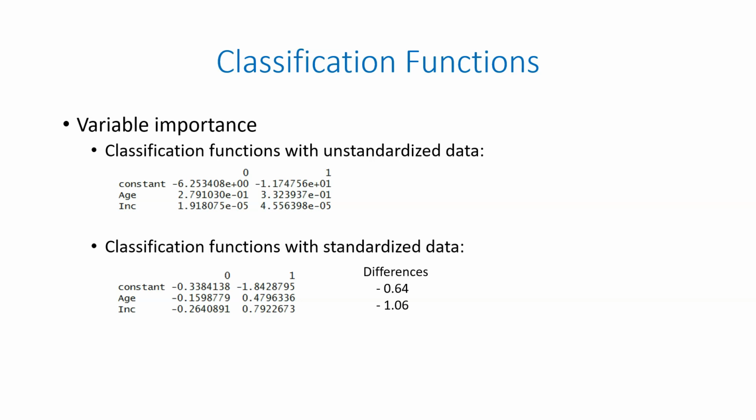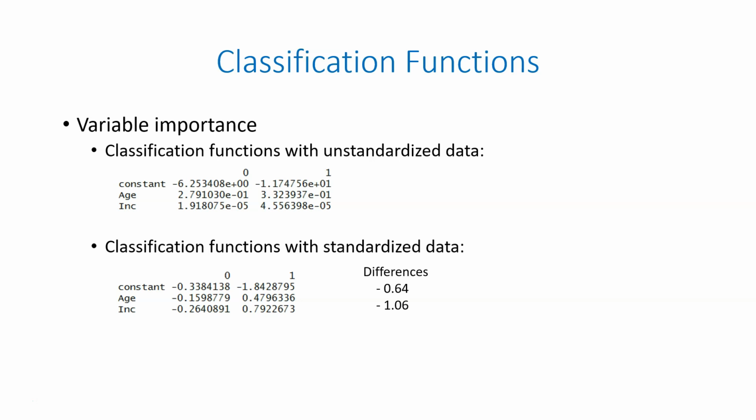However, if we standardize the data before running the regression analysis, the coefficients will not only tell you the direction and strength of the impact of the independent variable in standardized terms, but also tell you the relative strength of the independent variables, because all the variables are on the same scale. So the same concept can be applied to classification functions here.